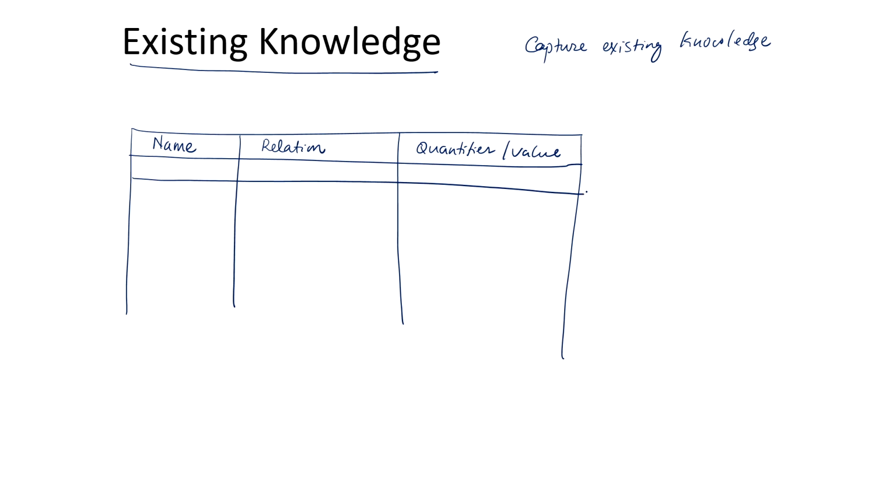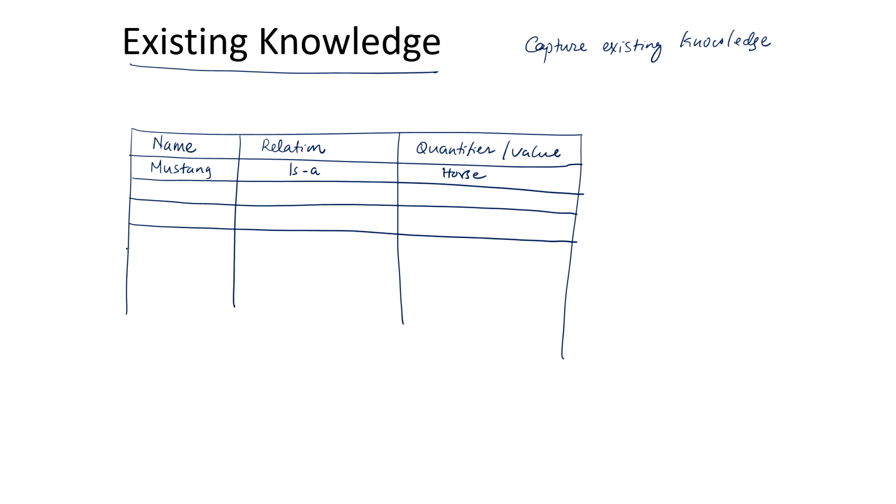It is typically represented in other ways, but this is a tabular form. Let's take name as Mustang, the relation is "a", and the quantifier is "horse".